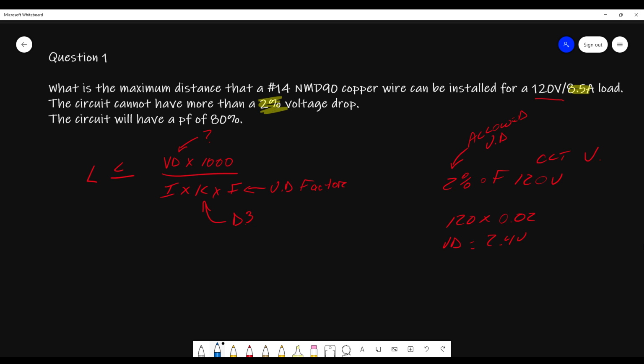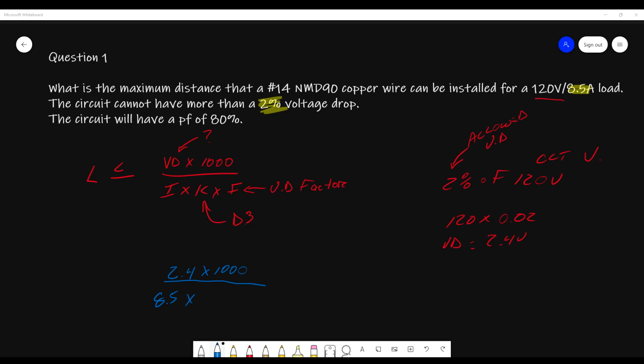So now we just fill in the blanks. So 2.4 times 1,000 divided by the current. Our current's 8.5 amps times the K value. Okay, so we need to find a conductor, I guess, to handle the 8.5 amps. Well, actually, no. I'm telling you that. It's number 14. So we know it's number 14.